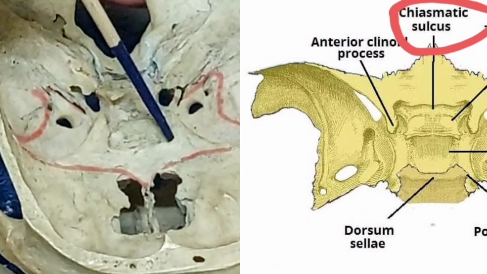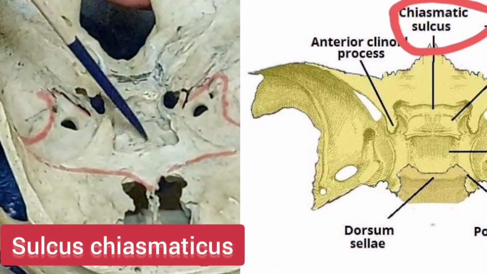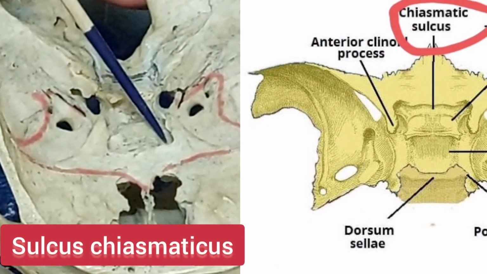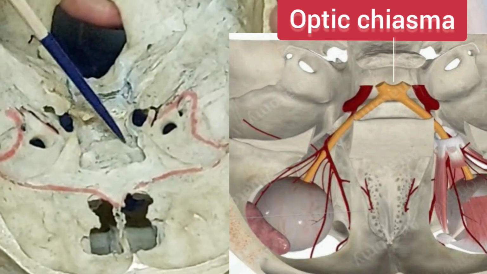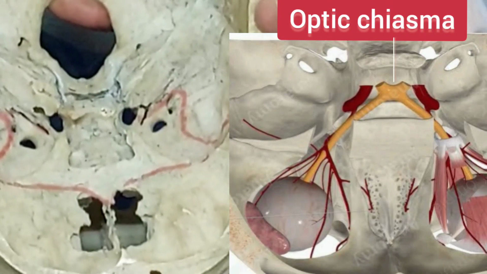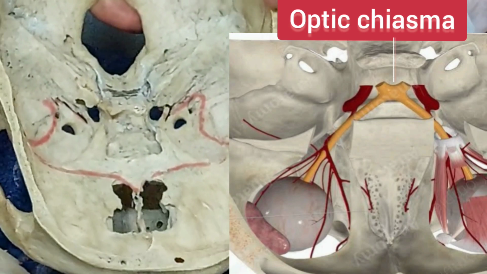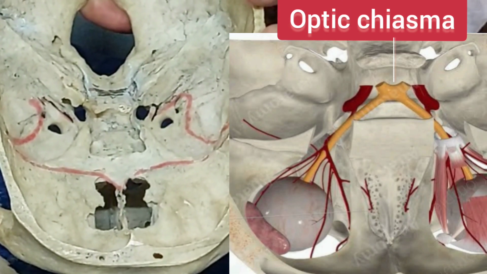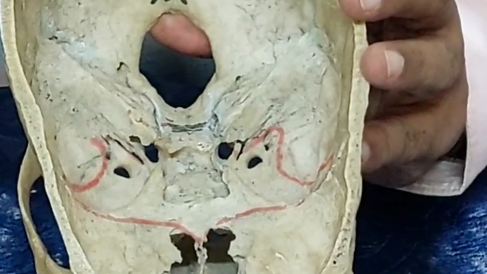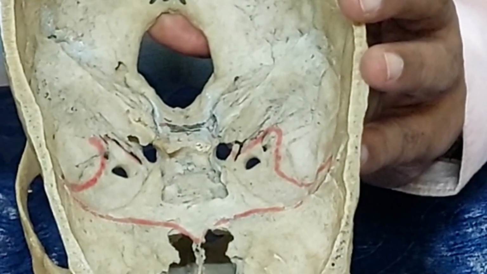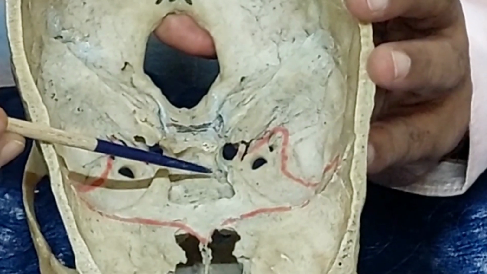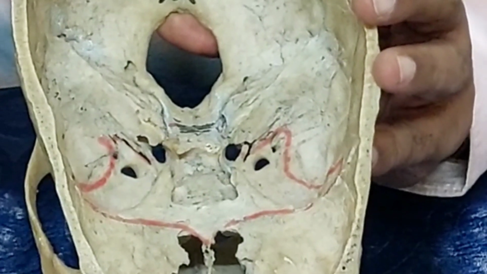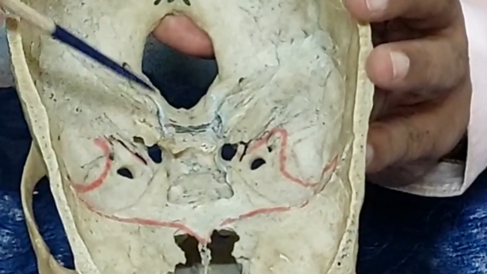This is called the sulcus chiasmaticus, and it extends through the optic canal into the orbit. That means here the optic nerves cross each other forming the optic chiasma. But it is not the true fact. The true fact is that the optic chiasma is above and just behind the level of the sulcus chiasmaticus.